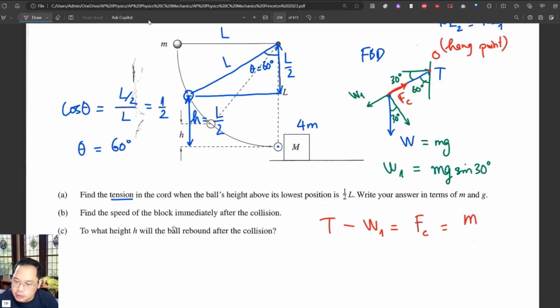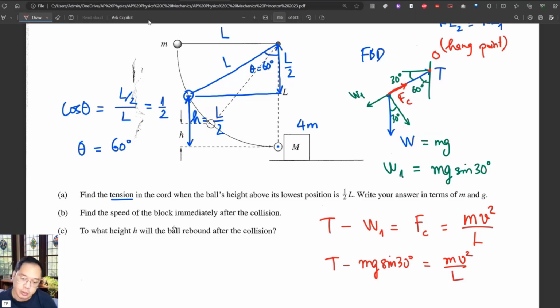That Fc is mv squared over the radius, which is the length of the string. And this W1 is mg times sine of 30 degrees. The tension is what we need to find.